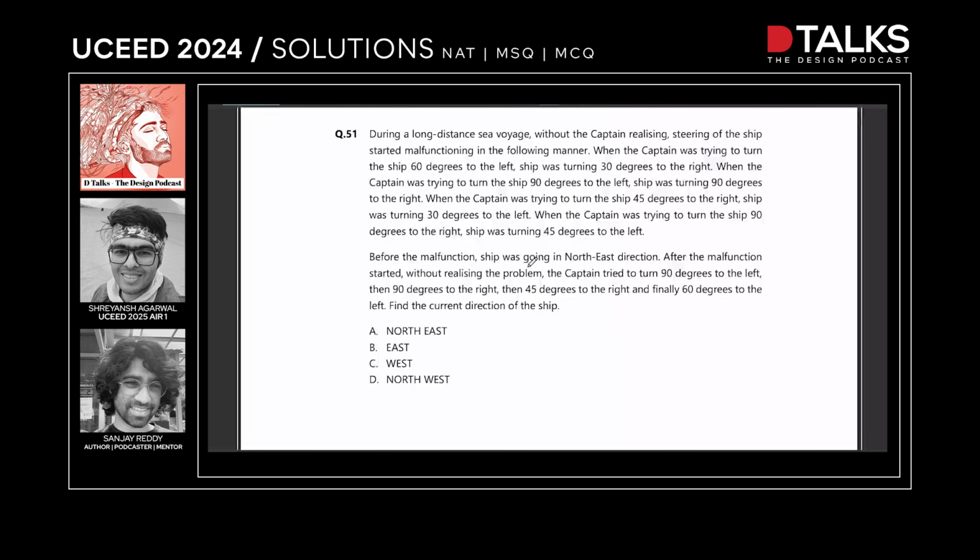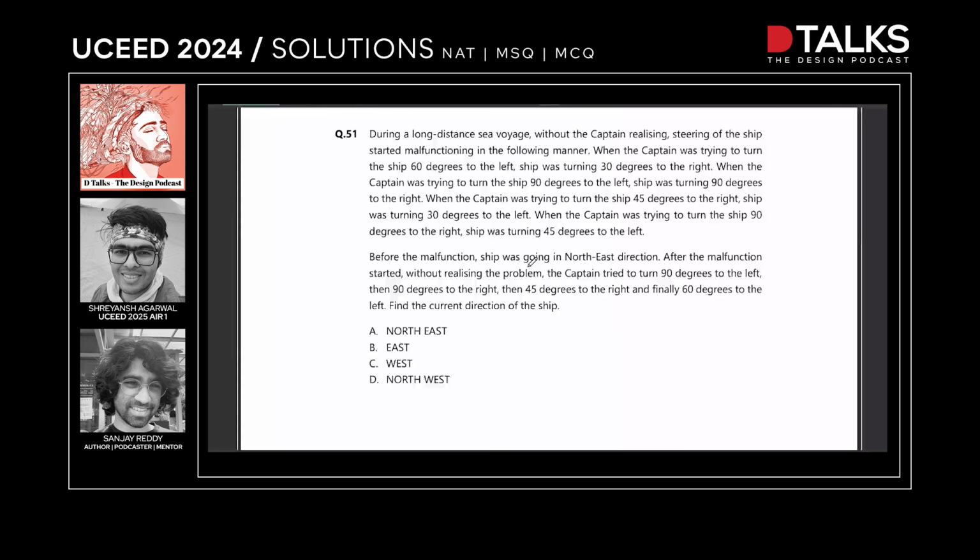During a long distance sea voyage, without the captain realizing, steering of the ship started malfunctioning in the following manner. When the captain was trying to turn the ship 60 degrees to the left, the ship was turning 30 degrees to the right. When the captain was trying to turn the ship 90 degrees to the left, the ship was turning 90 degrees to the right.